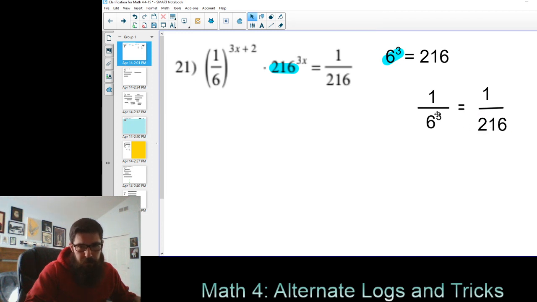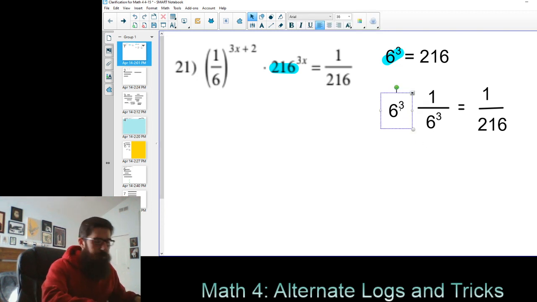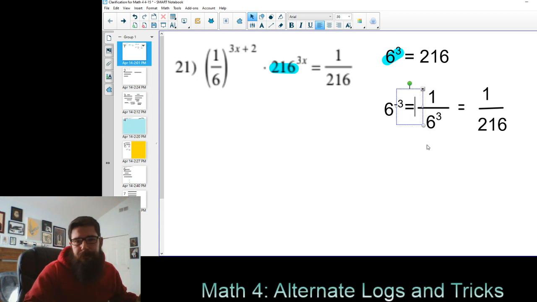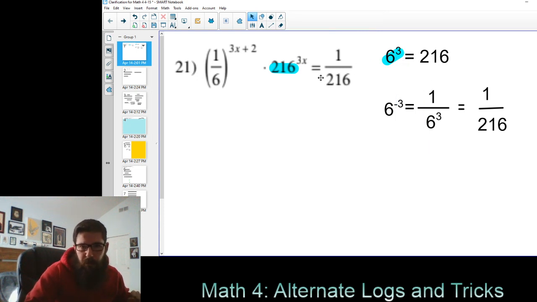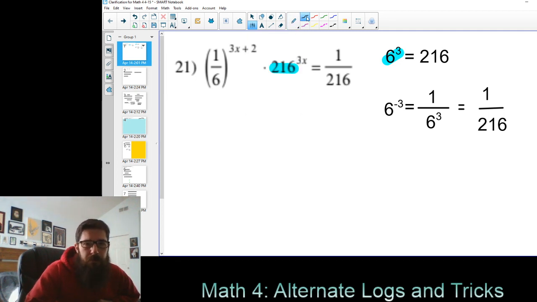Well, do you know another way to write 1 over 6 cubed? This whole thing is equal to, let's do it this way. All of those are equal, which means this whole right side over here I can now rewrite in a slightly different form. I can rewrite this entire thing as 6 to the negative 3rd.